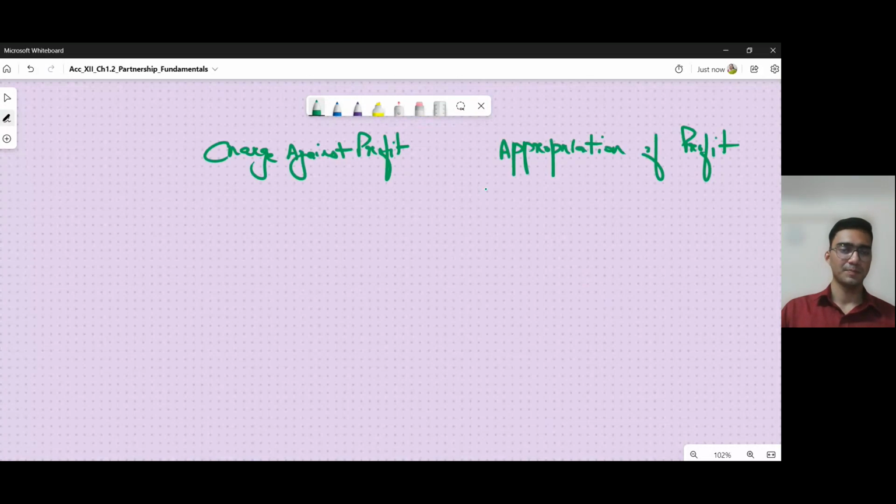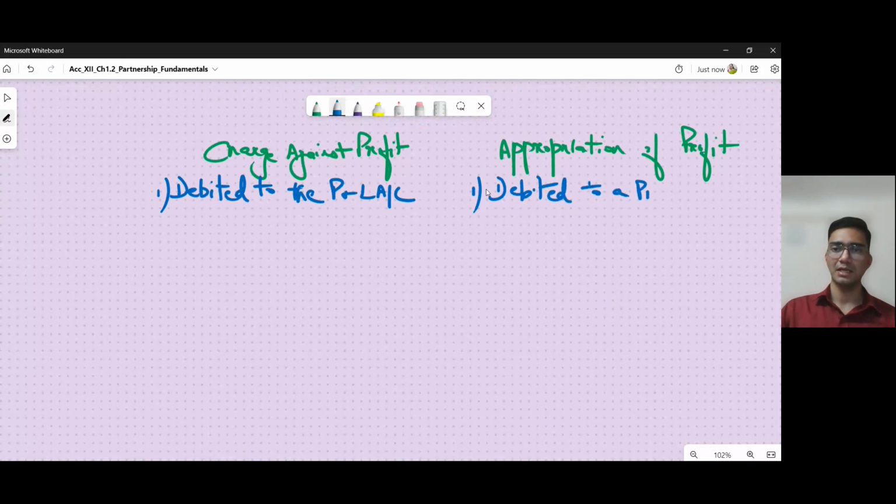When I say charge against profit, all these charges are debited to the P&L account. All charges against profit are debited to a P&L account. Appropriation of profit items are debited to a P&L appropriation account. Okay.